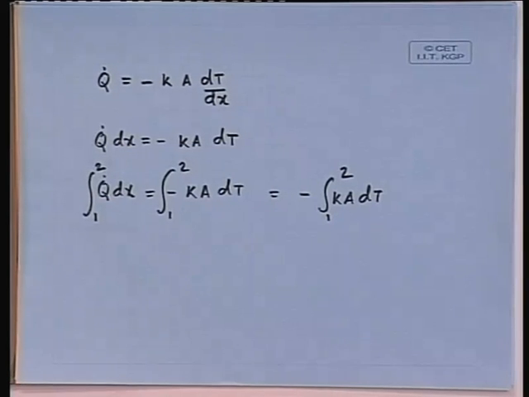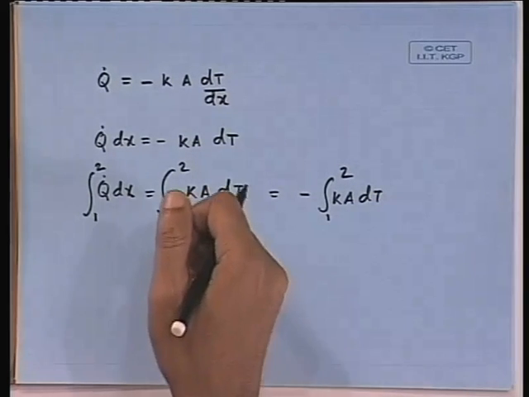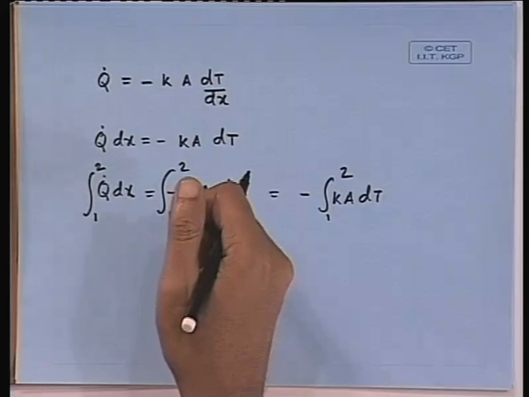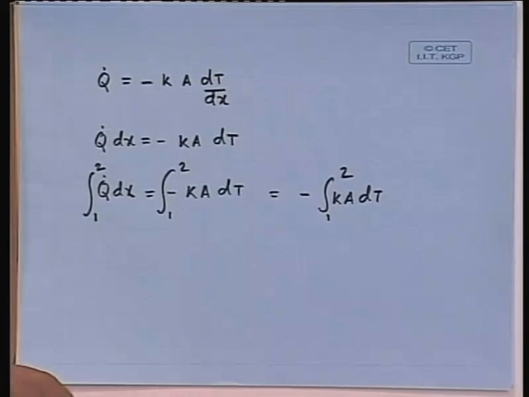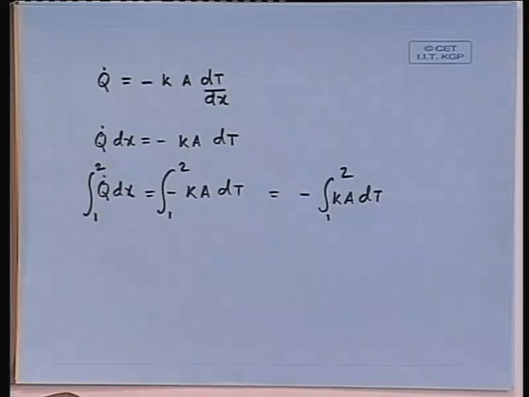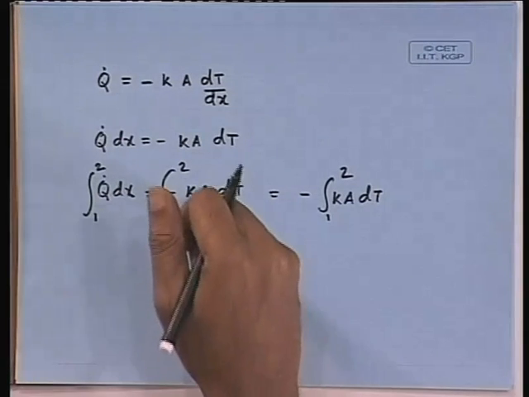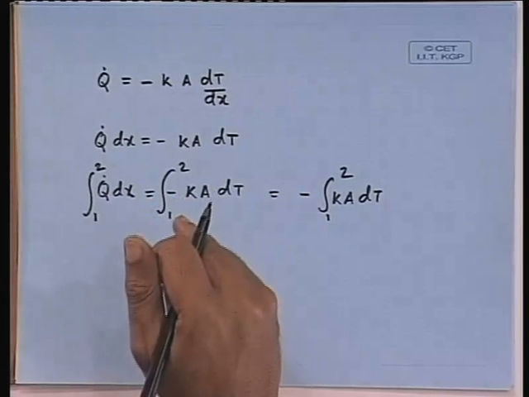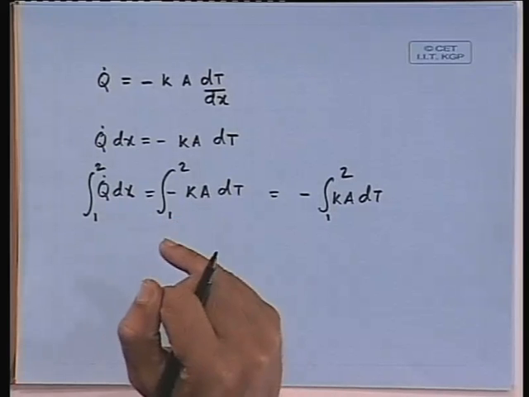If K is a function of temperature, then what could we have done? Then, knowing the functional relationship between K and temperature, one has to do this integration. And there are a number of situations where K is not constant.